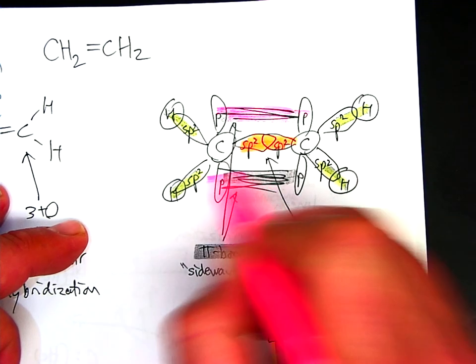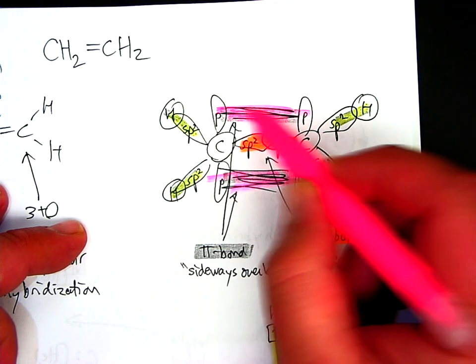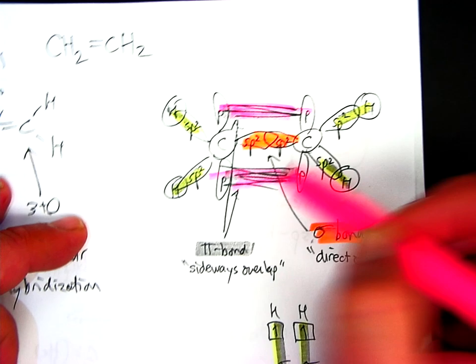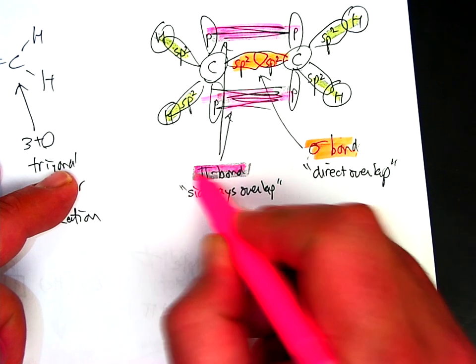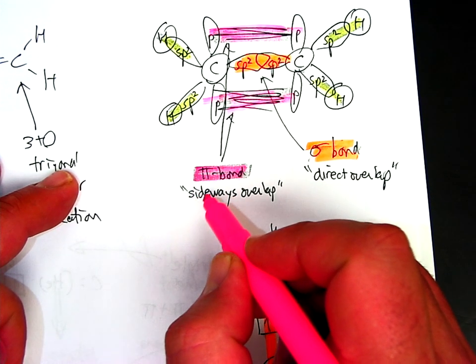And we have two parts of one single bond. So this pink bond, the highlighter is highlighting two parts of one bond called a pi bond, okay? The way I kind of think of it is a sideways overlap.